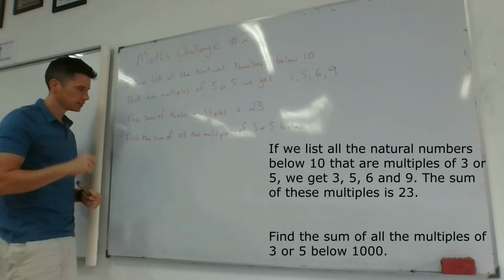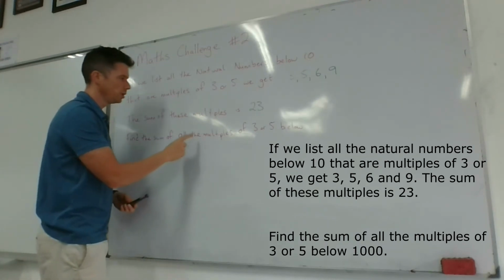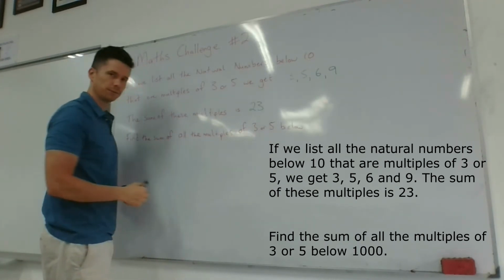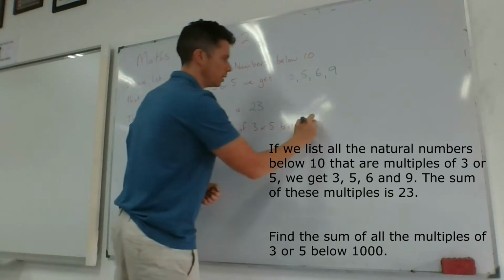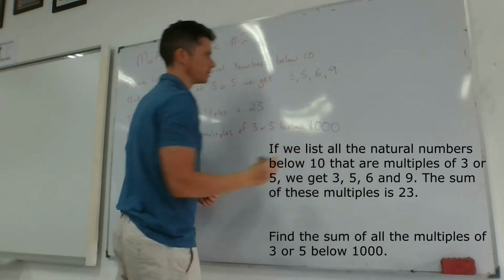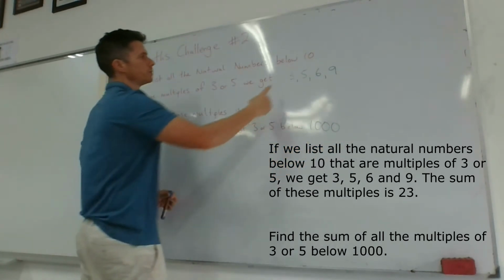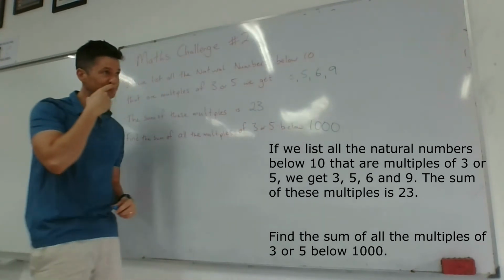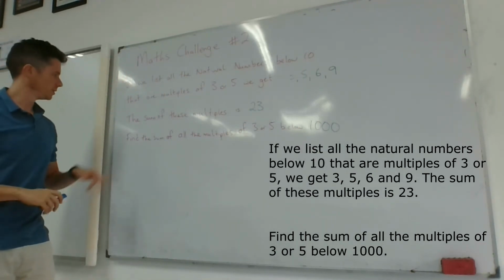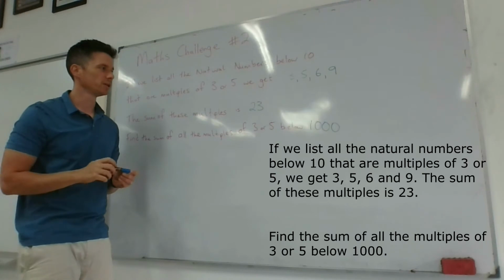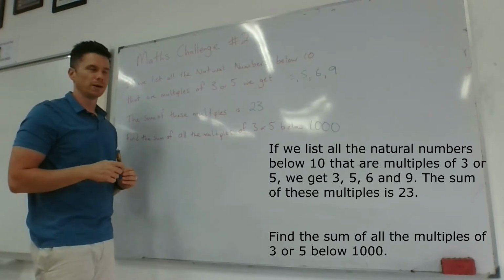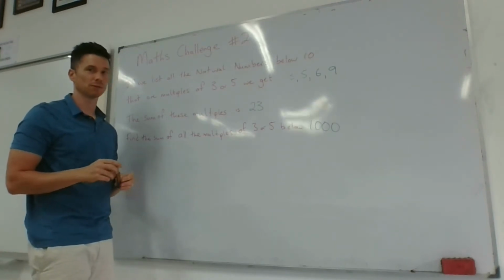The question is, find the sum of all the multiples of 3 or 5 below 1,000. So these are the multiples below 10, but now is the question. Find the sum of all multiples of 3 or 5 below 1,000. Give it a go.